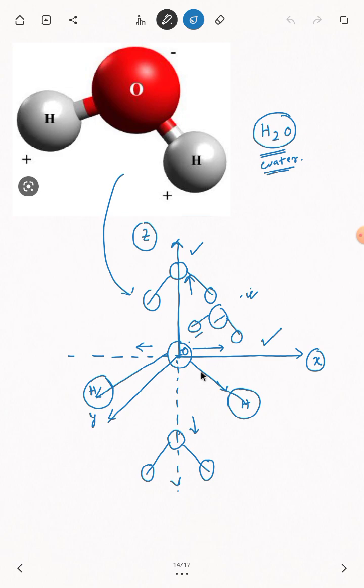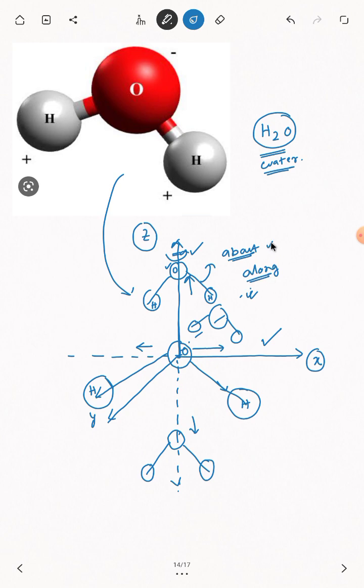And now we should come to this again. See, if we fix the Z axis, then cannot we make this system rotate? This is our O, this is one H and H. Cannot we rotate this about the Z axis? Rotation is always about and translation is always along.